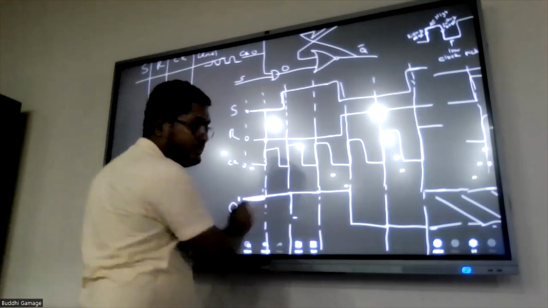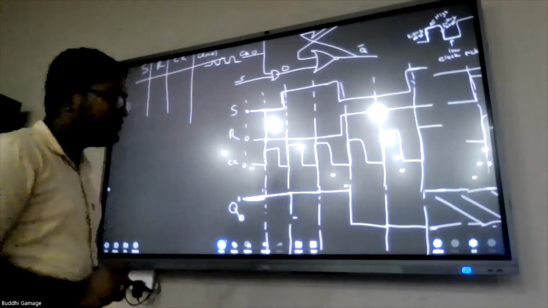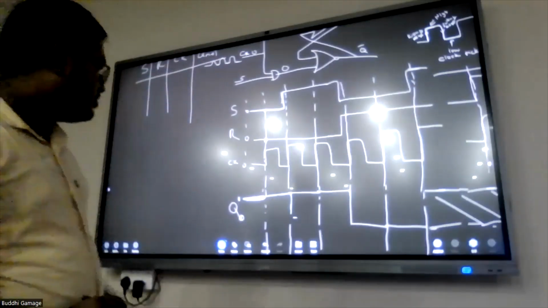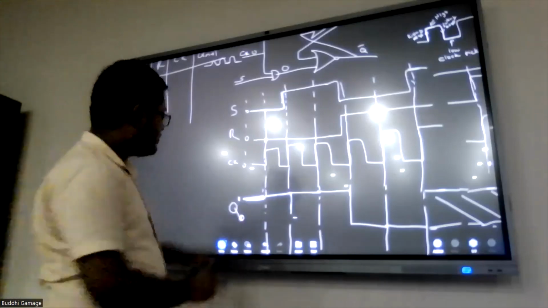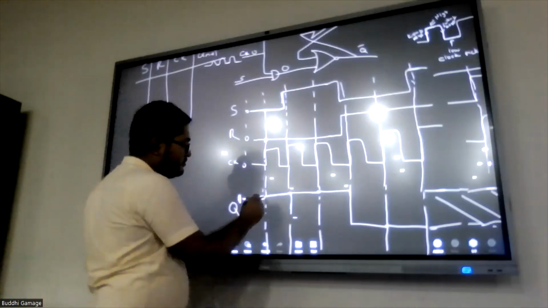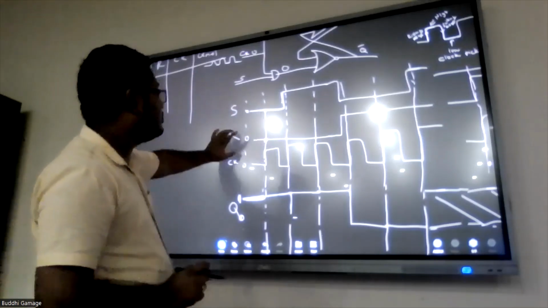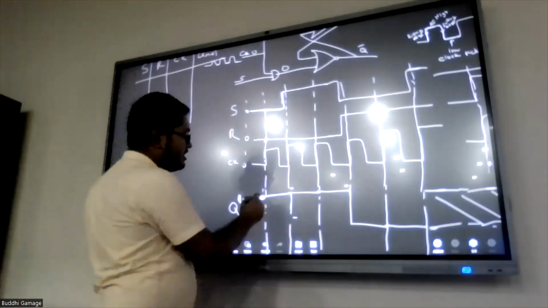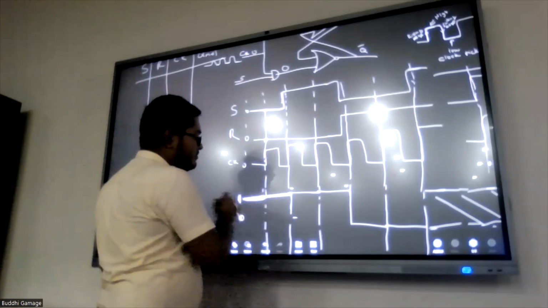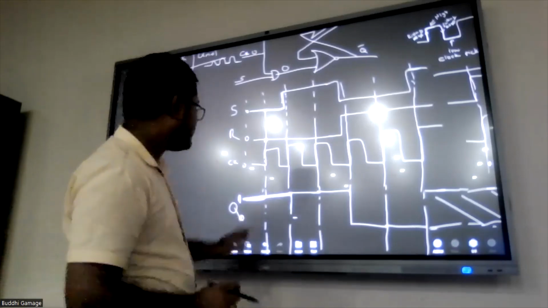So the previous output will be this one, right? If the previous output is 0 for this particular portion, and here you can see both S and R are 0. So that means this is not going to change.